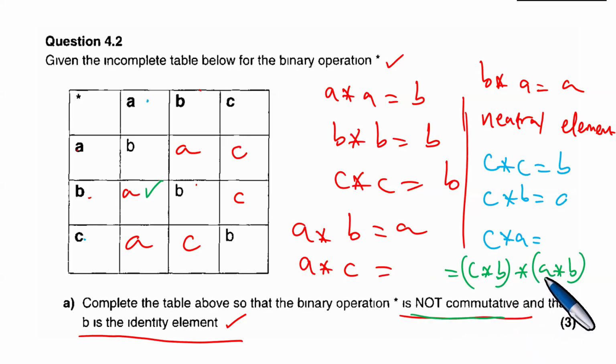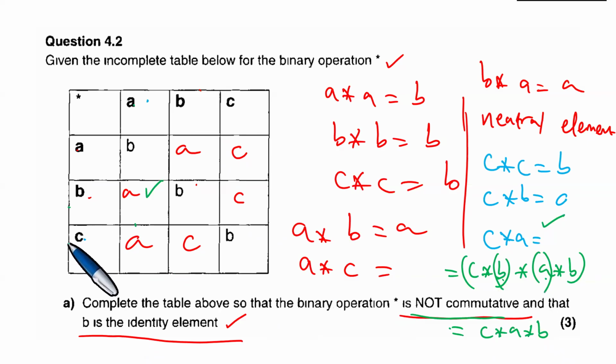So if you associate these here, B star A, you get A. And so that will be C star A star B. So now you can look at C star A, or you can look at A star B. And indeed, A star B is A. This gives you C star A still.